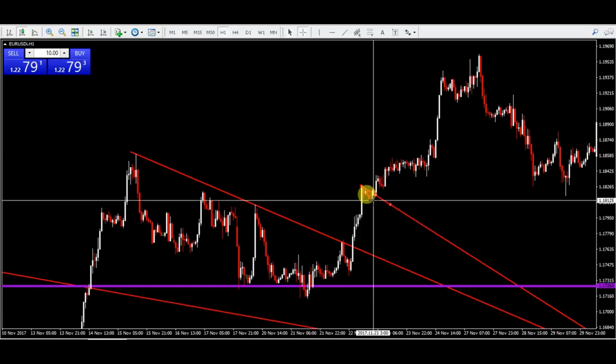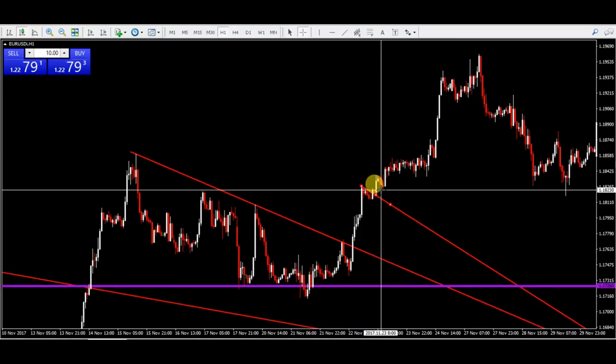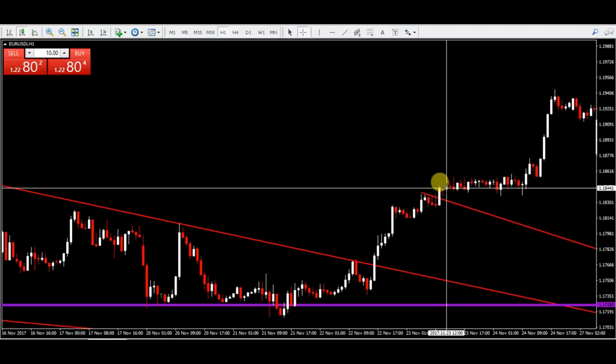And we could have simply put our order in for a buy and got away with a stop of around 15, 20 pips to be safe. And the market would have hovered around your entry annoyingly for the next 23 hours.